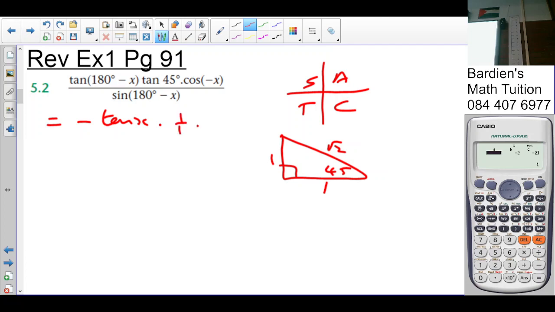There's 1 over 1 times cos of negative x. Which quadrant is that in? Fourth quadrant. It's positive or negative? Positive. Over 180 minus: second quadrant. Sign positive or negative?